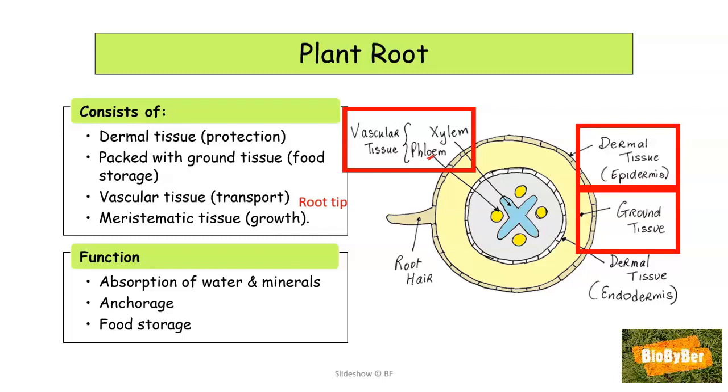Therefore, the plant organ or the root consists of a number of tissues which we've actually met before. Dermal tissue, ground tissue, vascular tissue, and meristematic tissue, all of which work together to absorb water and minerals from the soil, to anchor the plant into the ground, and sometimes to store food.